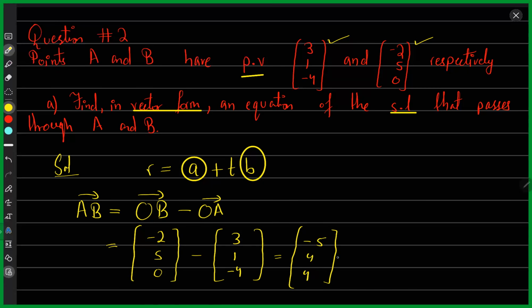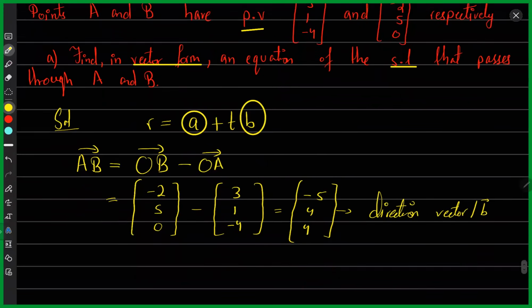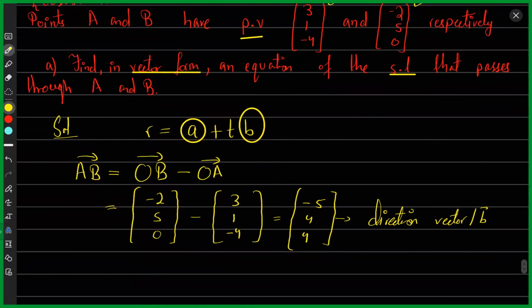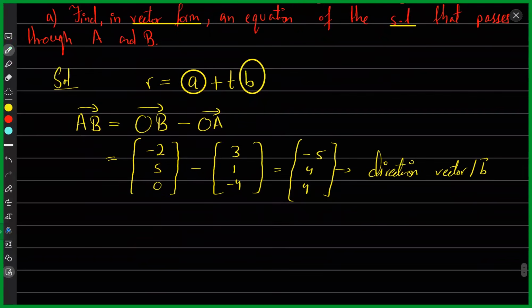So this is basically going to be the direction vector b, because b is basically the direction vector. And for a point lying on the line, you can use any of the two. You can use OA, you can use OB. So let's write down the final equation.